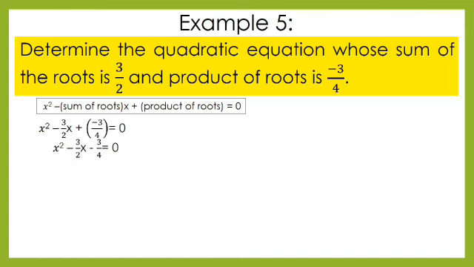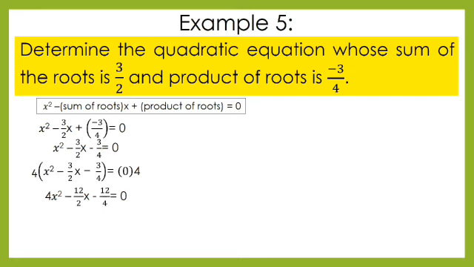To determine the quadratic equation, use the LCD of 2 and 4, which is 4. We will multiply both sides of the equation by the LCD, which is 4.